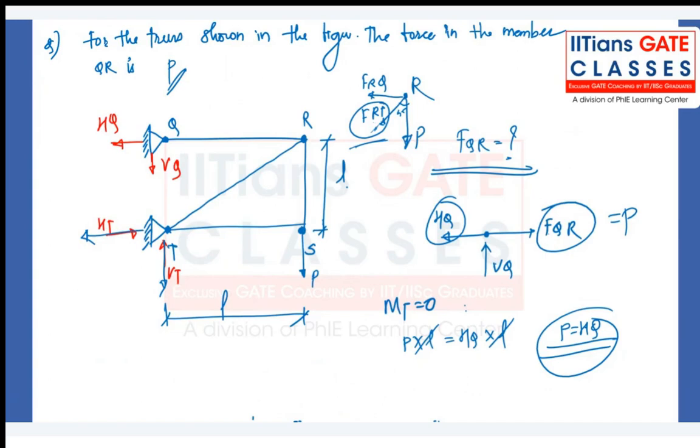I am changing the direction of HT now. Will it change anything? We are taking moments at point T, Ganesh. So irrespective of direction, if forces are passing through point T, they will not create any moment, right?